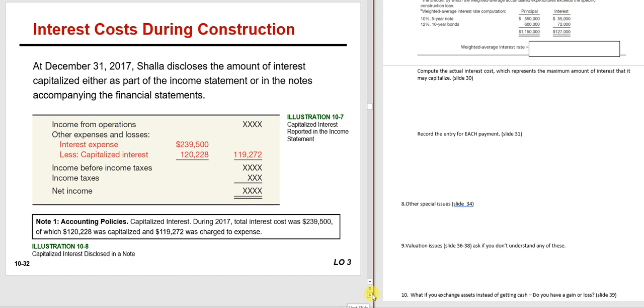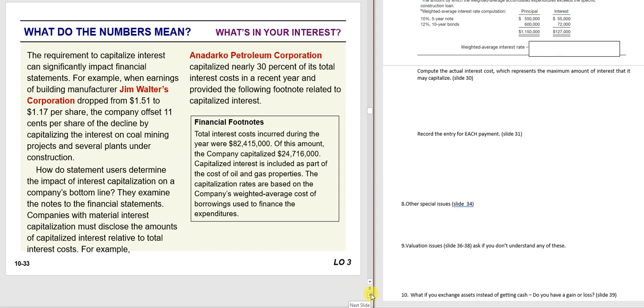We have to disclose it someplace in the financial statements how much interest is capitalized. I want to also add that you don't capitalize interest on land. If it's combined, assume it's the land. And one other item, hold on, I guess it's on the next slide.